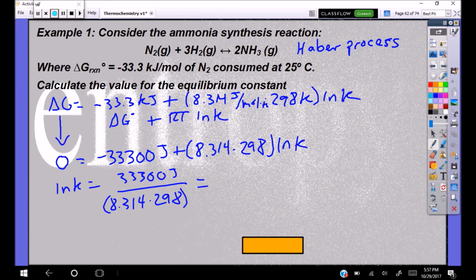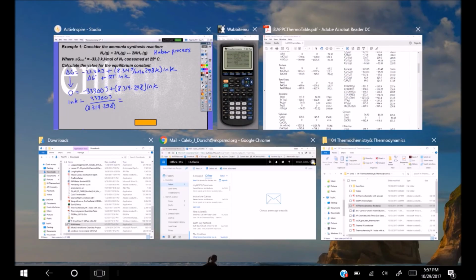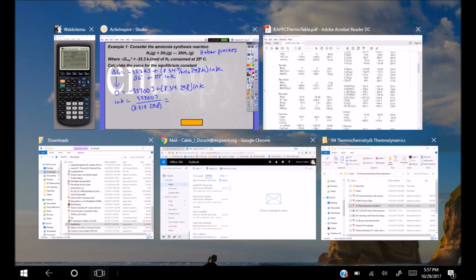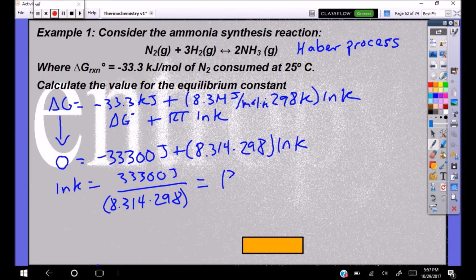Let's simplify. Oops, I forgot a 3. And then 8.314 times 298. We get 13.44. Natural log of K is equal to 13.44.